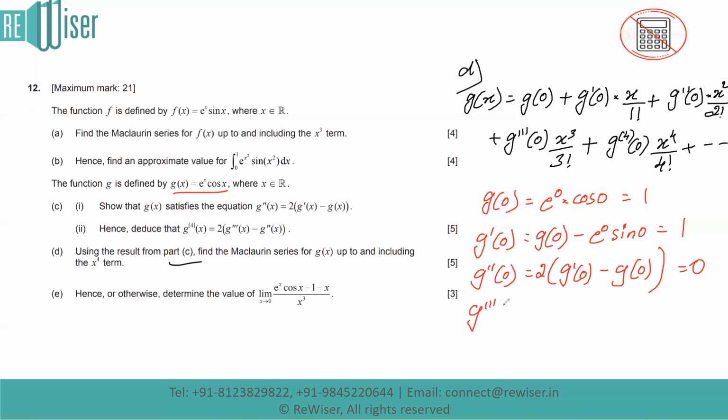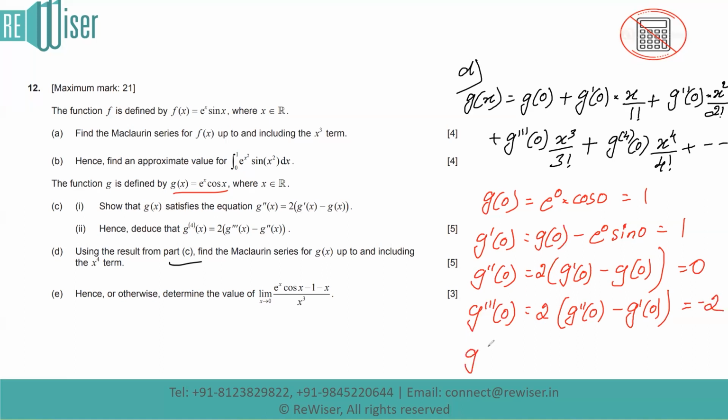Then if I talk about g triple dash of 0, g triple dash of 0 is going to be 2 times g double dash of 0 minus g dash of 0. And g dash of 0 is 1. So that's why this will give me negative 2.